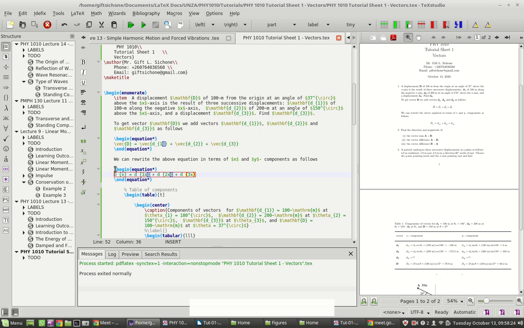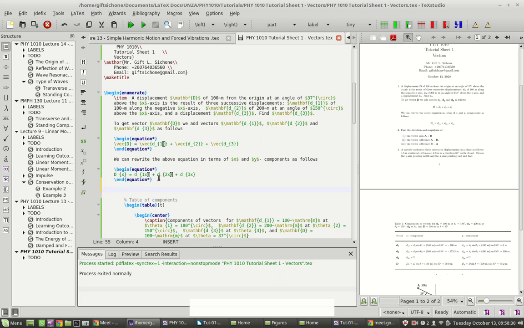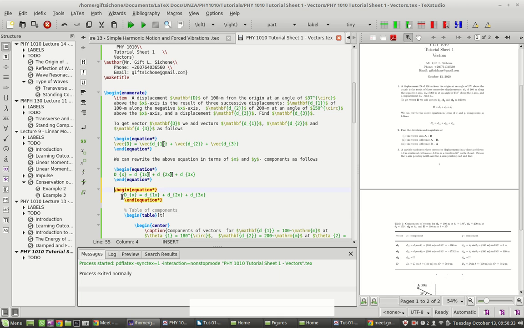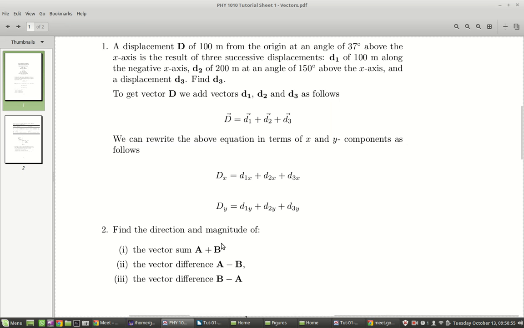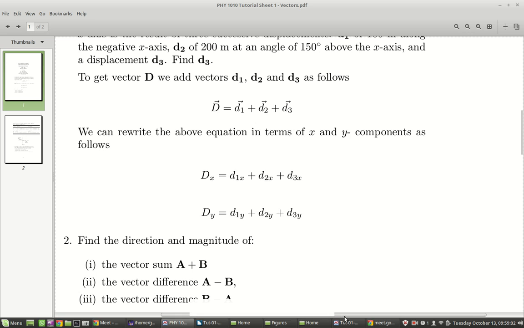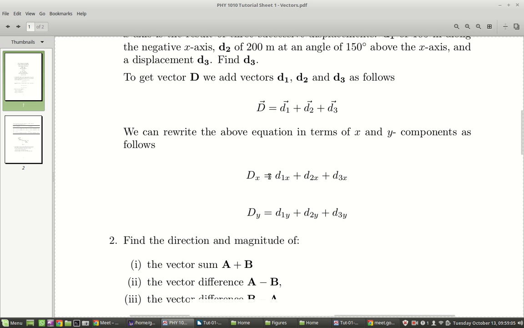Then next, dy is going to be equal to d1y plus d2y plus d3y. That's what you're going to have.